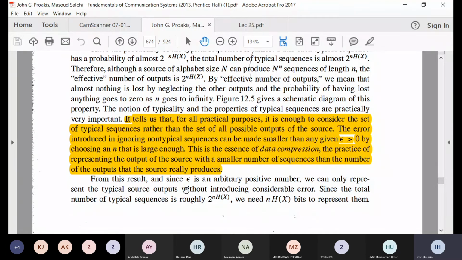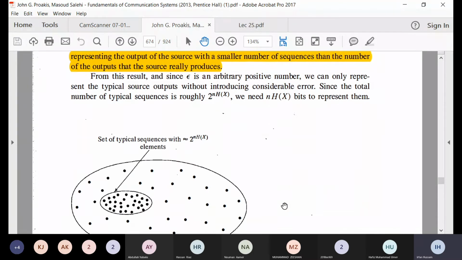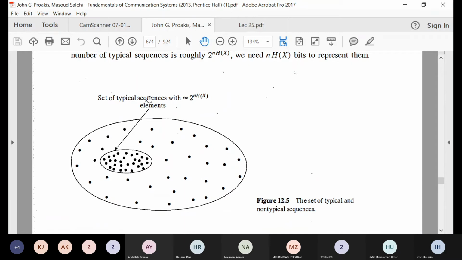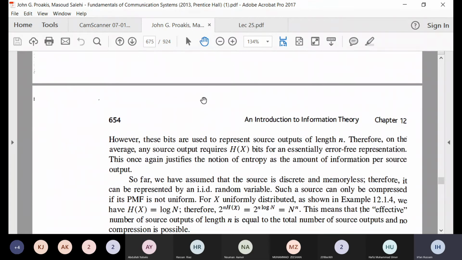These are the typical sequences, so you need n H of X bits to represent them. Typical sequences, numbering 2 to the power n H of X, will be the most probable. So for one source symbol, you will require H of X bits.